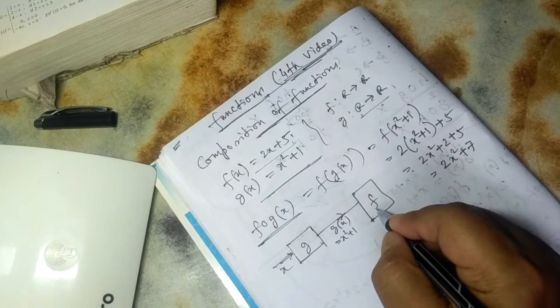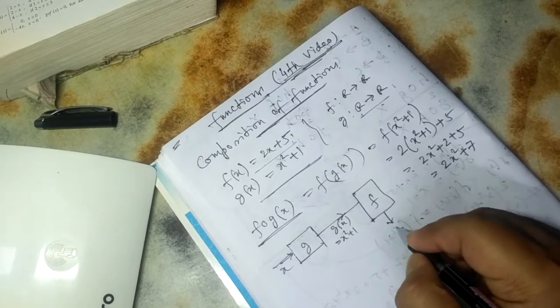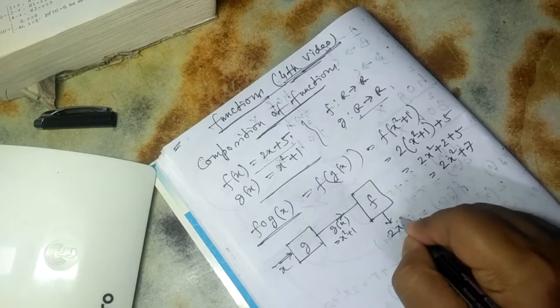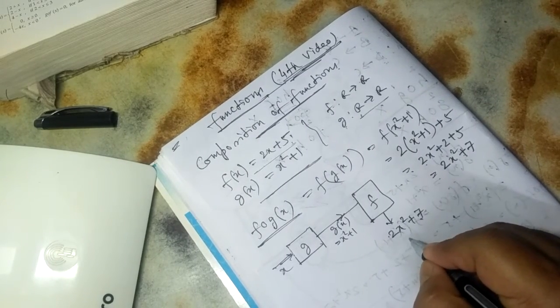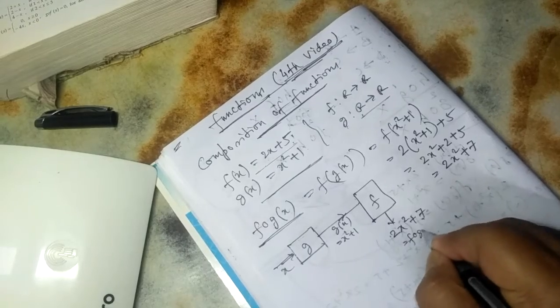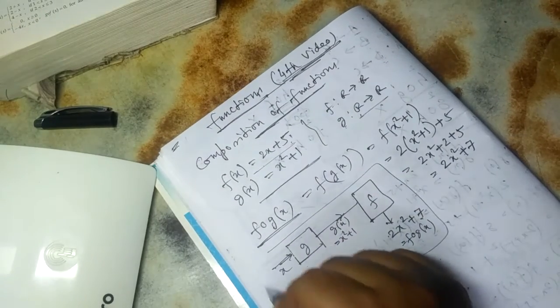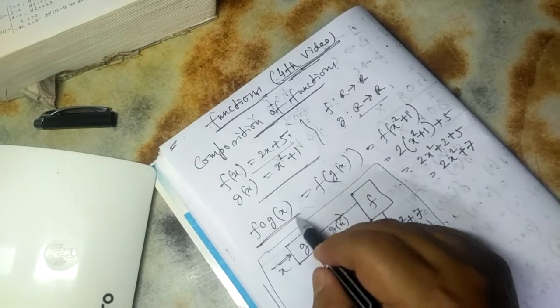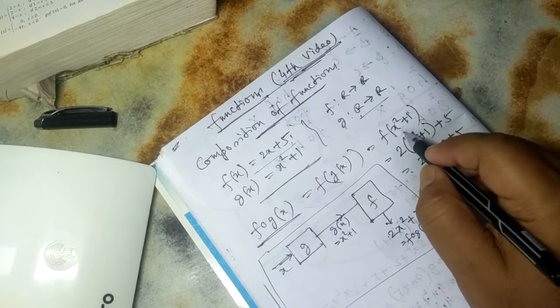So the f function is a processor: it processes x square plus 1 and throws out the output 2x square plus 7, and this is called f o g. This is actually f o g (x).